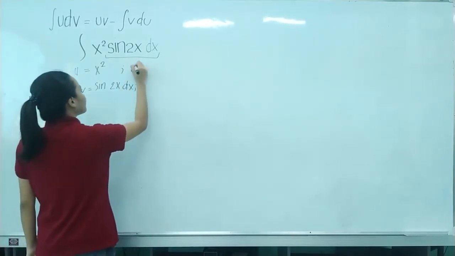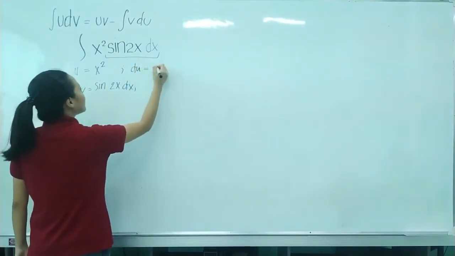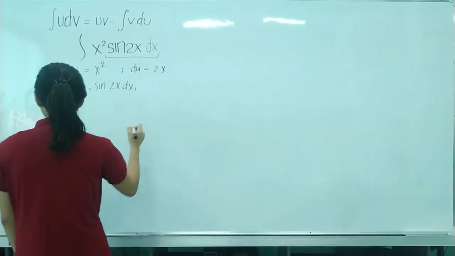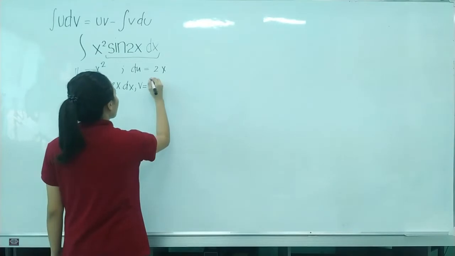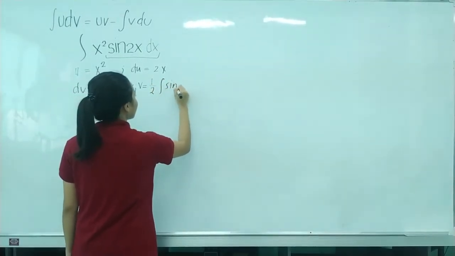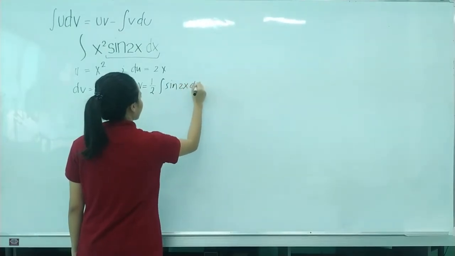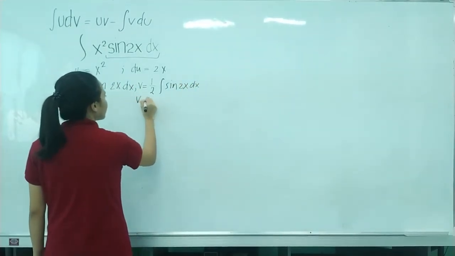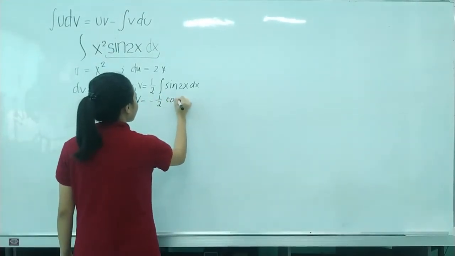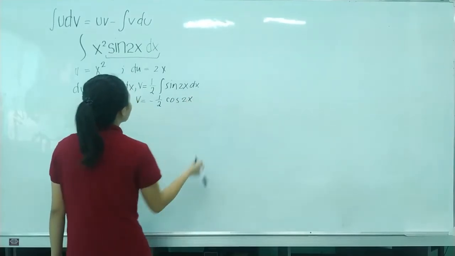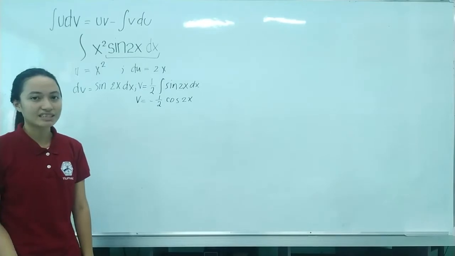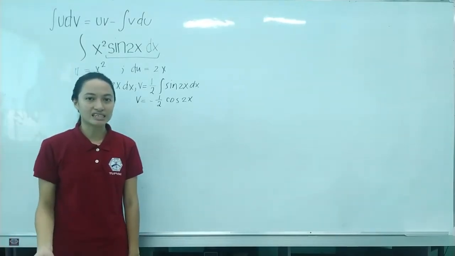So our du will be 2x dx, and our v will be the integral of sine 2x dx, which is negative 1/2 cosine 2x.